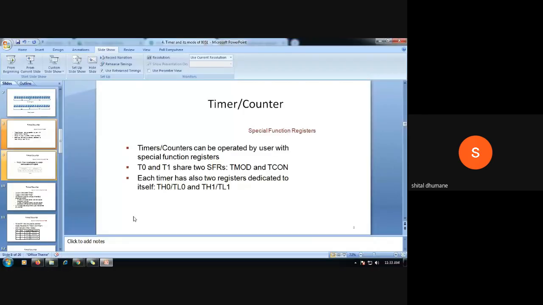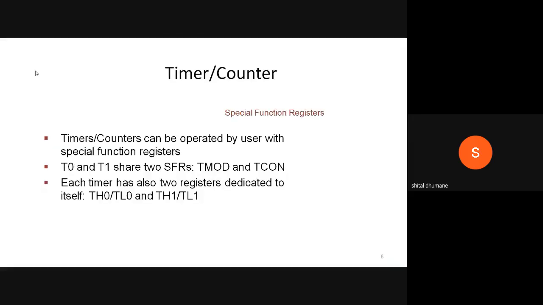Now there are some special function registers with your timer, with which the timers or counters can be operated by the user. Two special function registers are there, called TMOD and TCON. So T0 and T1 share these two special function registers.